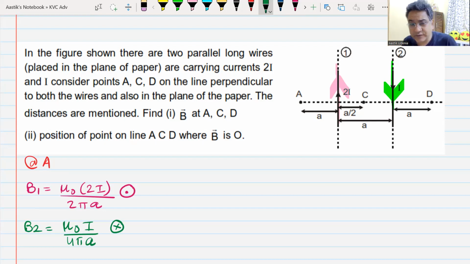You can find the net field by adding and subtracting, yes or no? Yes, sir. What is the answer for this one? 3 mu naught I by 4 pi a, outside, sir. Everyone understands this? Yes, sir.